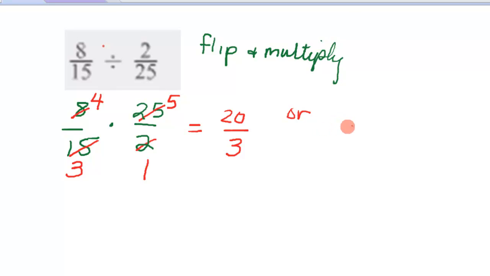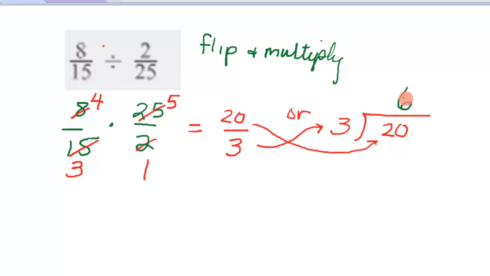change it to a mixed number by doing long division. So the 3 goes out here, and the 20 goes in here, and then 3 divides into 20 6 times. 6 times 3 is 18.